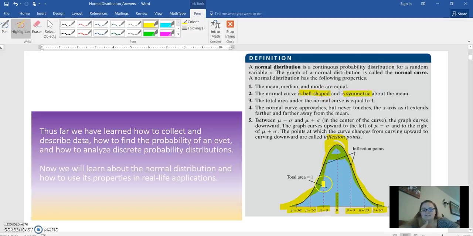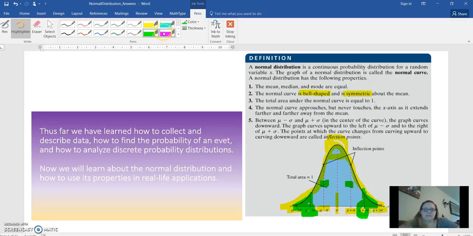So that implies this is symmetrical to that. The values won't necessarily be equal, but it'll be symmetrical, meaning the area from here to there is equal to that area.